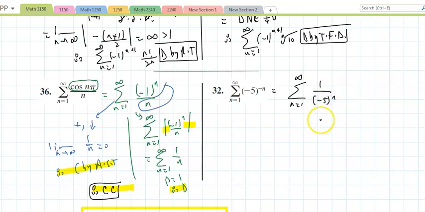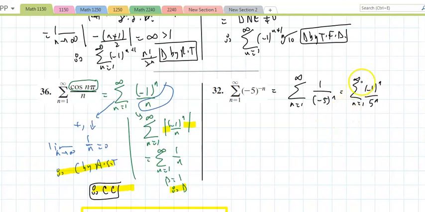So I could say that is the same as the series n equal 1 to infinity, negative 1 to the n over 5 to the n, right? Because that's going to be 1 over negative 5. The next term will be 1 over negative 5 squared, which is positive, then negative, then positive.